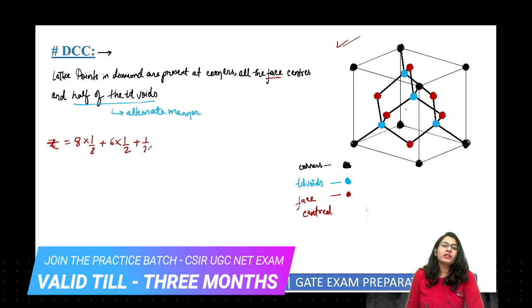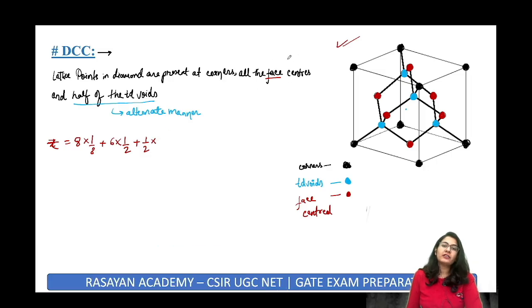Alright, half of the tetrahedral voids. तो face center पे कितना होना चाहिए? 4 होना चाहिए. 4 into 2 is 8. So I'm doing half of the total tetrahedral void. That's why half of 8. How much do I get? 1 plus 3 plus 4. That is going to be 8.